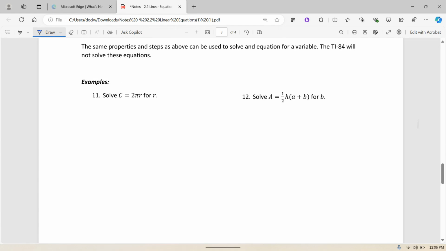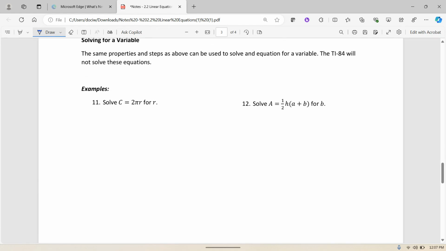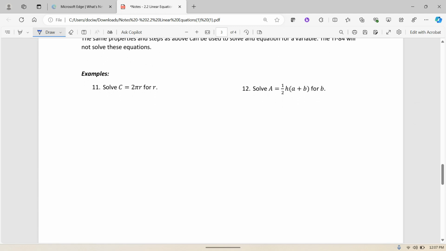One last piece here. If I'm solving for a variable, it's really the same thing that we're doing. Look at C equals 2 pi r. Suppose we had the equation 12 equals 4r. If r is what I'm solving for, I would divide both sides by 4 to get the r all by itself.